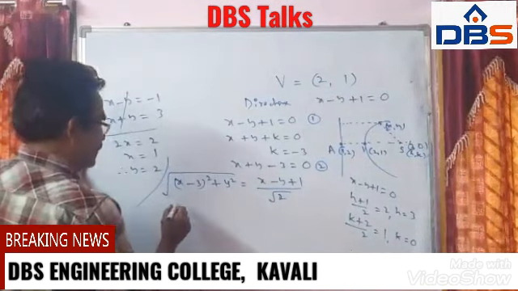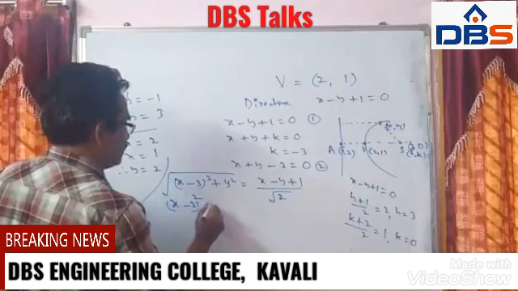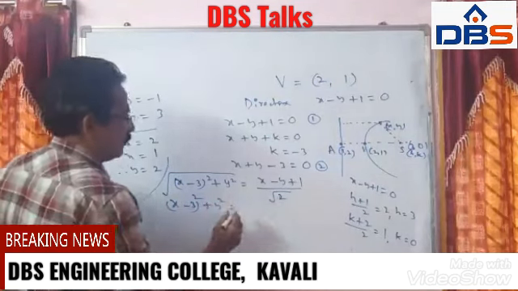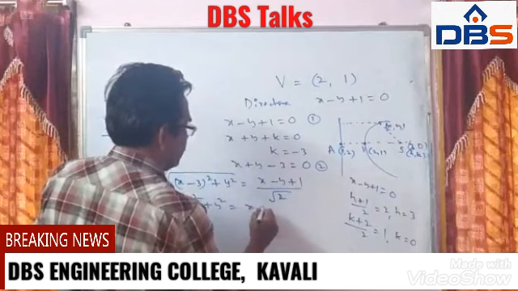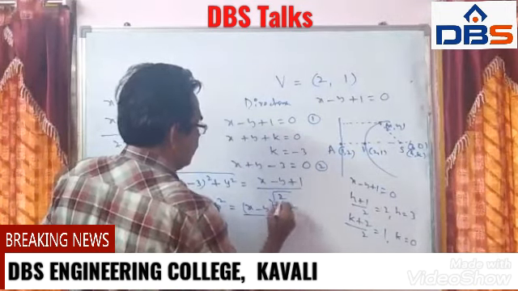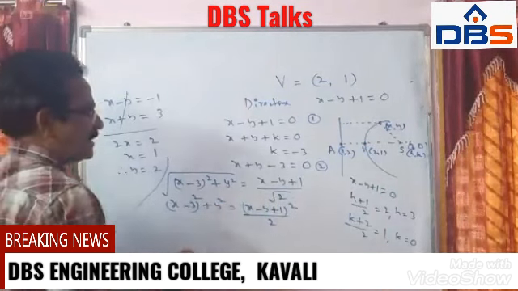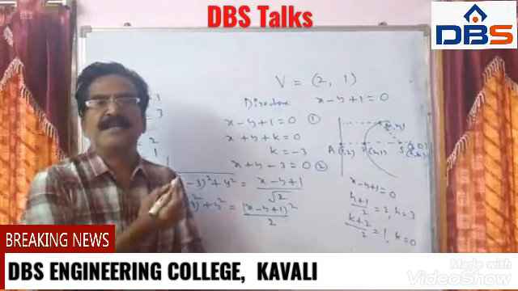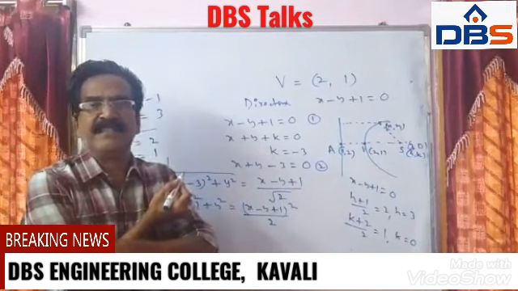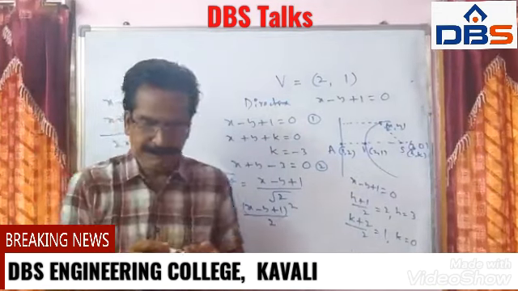Squaring on both sides, we get x minus 3 whole square plus y square is equal to x minus y plus 1 whole square by 2. On simplifying, you get the required equation, friends. Okay friends, let us see the next problem.